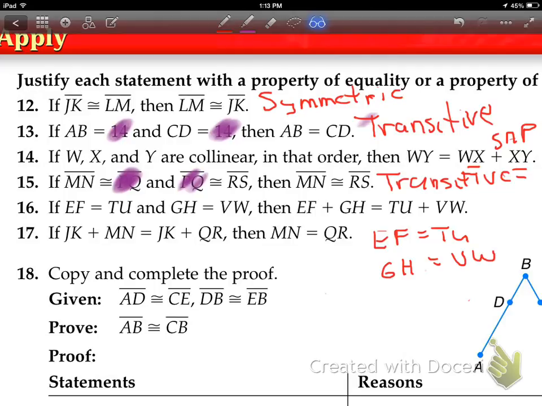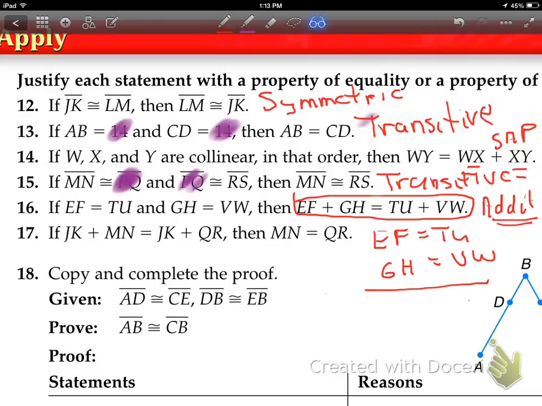And if you can see what they've done, they've just drawn a line and added them straight up, and when they've done that, that's what they've got. So, if you add equals to equals, that's just the addition property you're using. Addition.